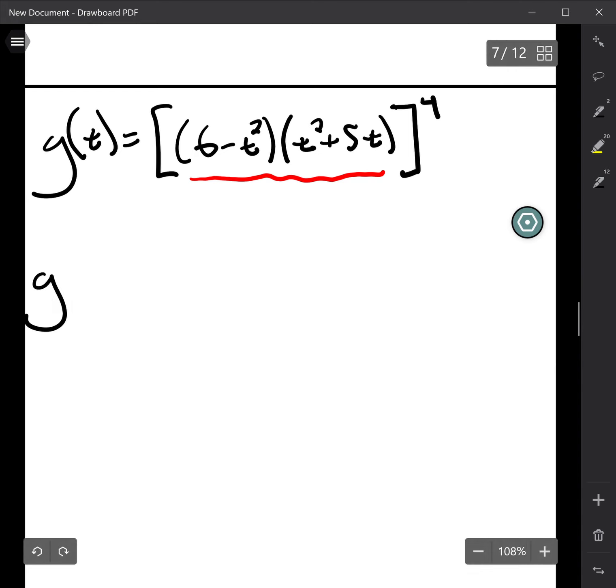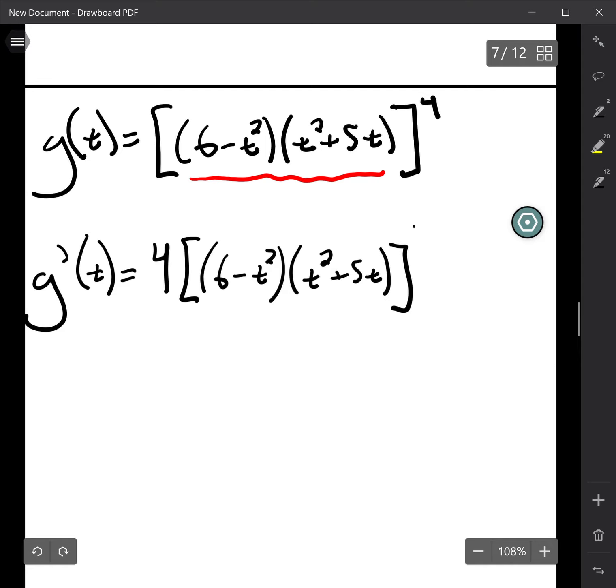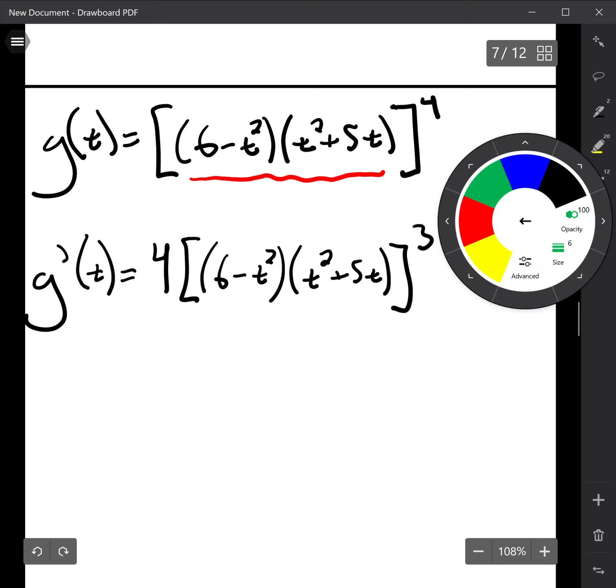Okay, well, let's get to deriving. The derivative of the outside, we literally bring the 4 down and copy the entire factor, so 6 minus t squared times t squared plus 5t, all of that cubed. This is what I call d out.